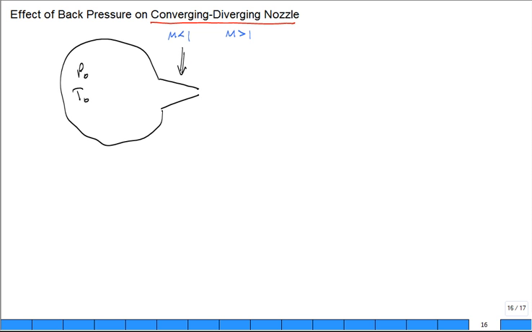But if I just dead-ended it there, it would be a big shock wave to adjust the pressure. But if I now take it and do this, is that diverging in area? Is it getting bigger? It is. And in this section, you can have supersonic flow that will continue to accelerate and go faster and faster.